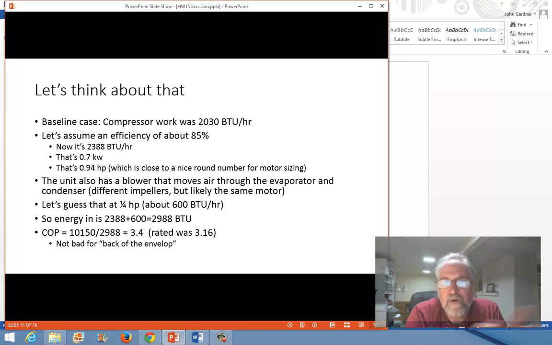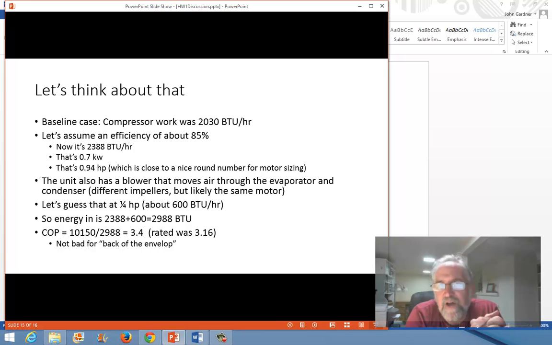So that 1/4 horsepower comes real close to 600 BTUs per hour. Add that up. So now the energy cost we're paying for the refrigeration effect is a lot closer to 3,000 BTUs as opposed to 2,000 BTUs. So now my COP is at 3.4, which is a lot closer to the rating of 3.16 that we had before.